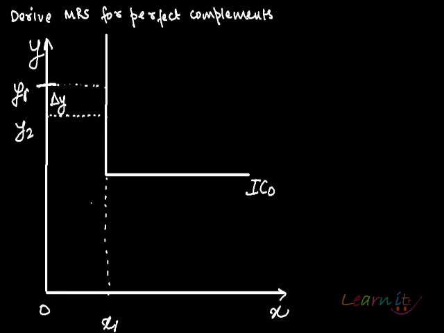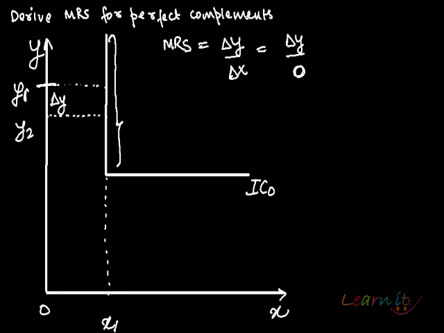There is a change in Y undoubtedly, but there has been no change in X. MRS is actually MUx upon MUy, or in other words, MRS is actually delta Y by delta X. So there is some positive or negative delta Y, whatever it is, but there has been no change in X. So along this portion of an indifference curve, MRS is infinite.